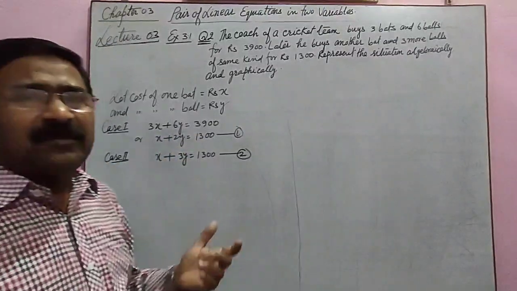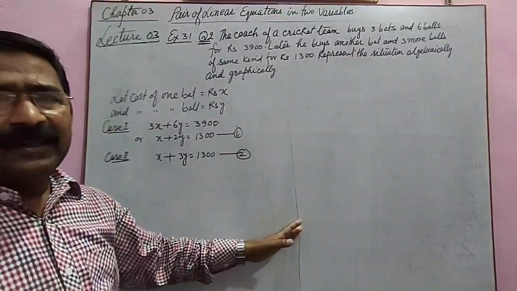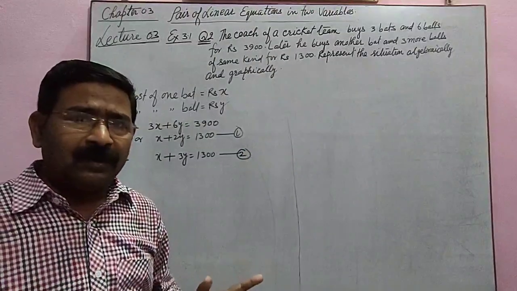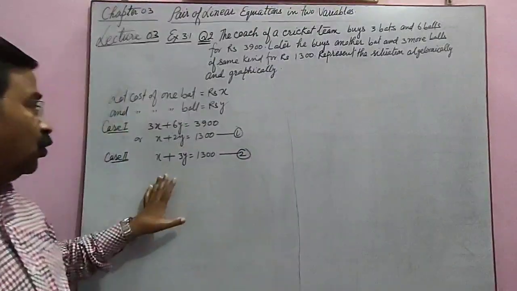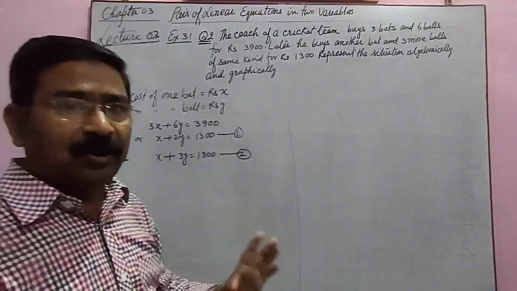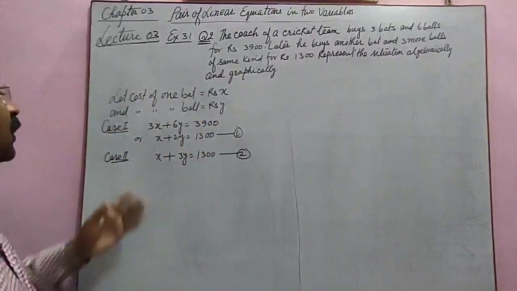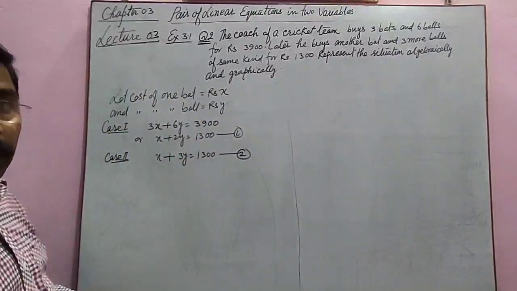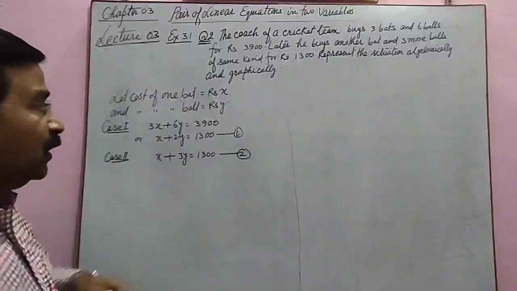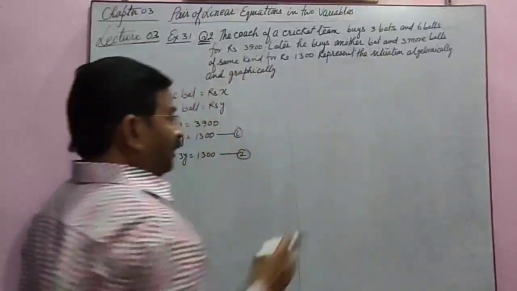But since we have to find the graph only, answer is not required, so we can plot the graph, no problem. I am going through the question, you just have to practice the graph. It doesn't matter what the problem is. So equation number 1 and equation number 2, we have formed the two situations. So this is your answer first. We have got the situation algebraically.